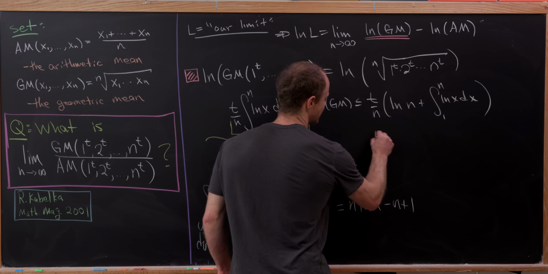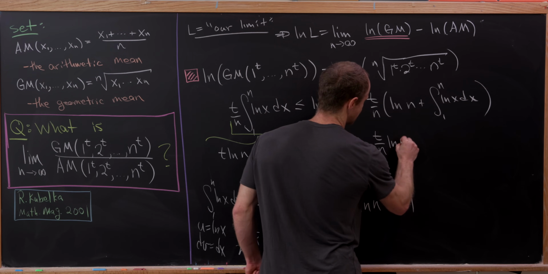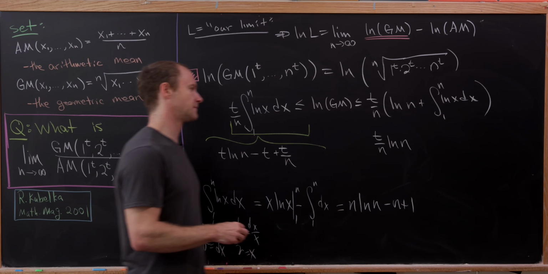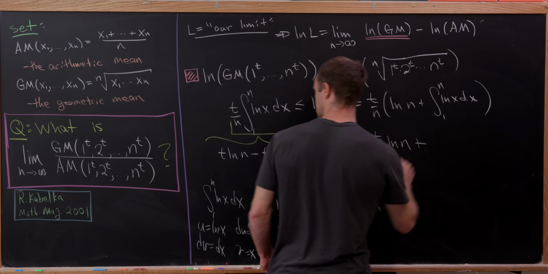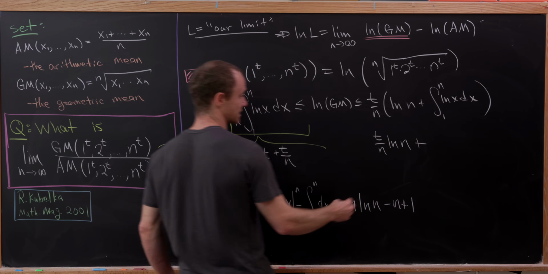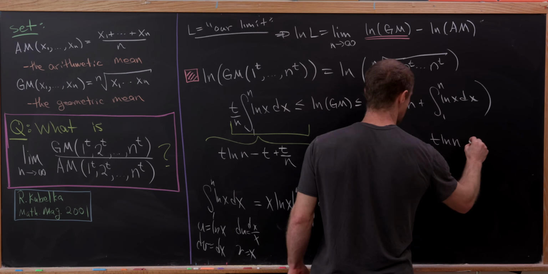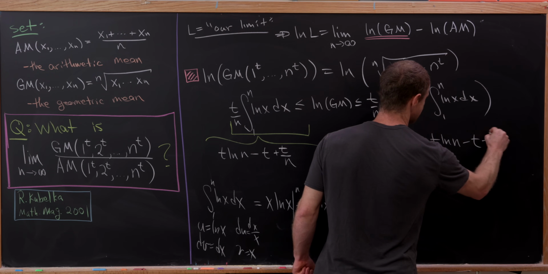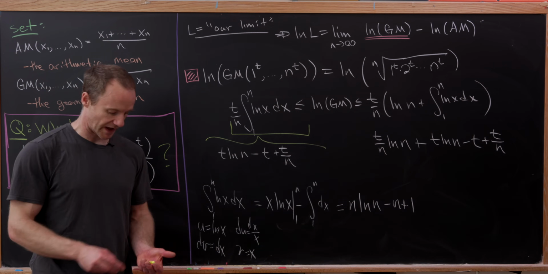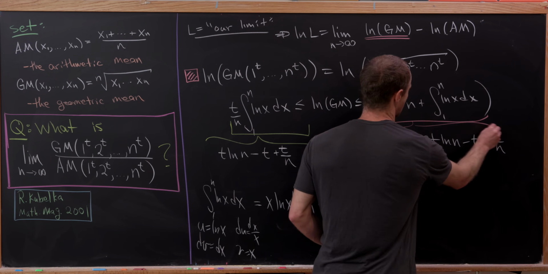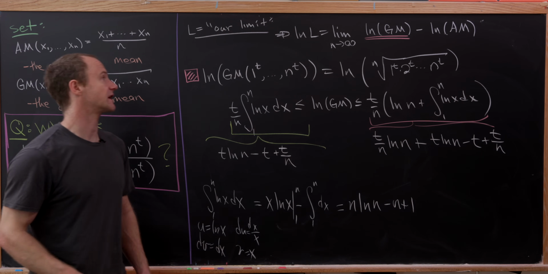So here we're going to have t over n times the natural log of n. That just comes from the non-integral part. And then we'll have plus, well, this stuff right here. So plus t times the natural log of n minus t plus t over n. Okay, good. And again, like I said, that comes from expanding this out using that integral that we calculated.